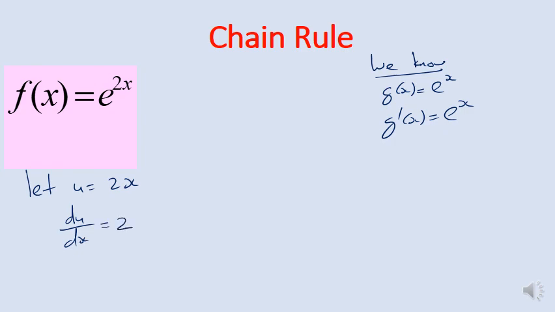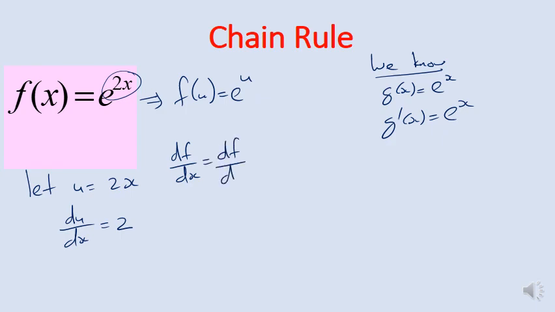So this function that they've given us now, f of x is e to the 2x, and if I'm replacing 2x by u, then this function is now a function of u, which is e to the u. But we're still differentiating with respect to x. So if I want df/dx, I don't see any x explicitly. It's now implicit.